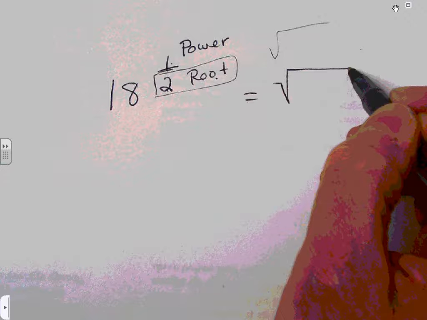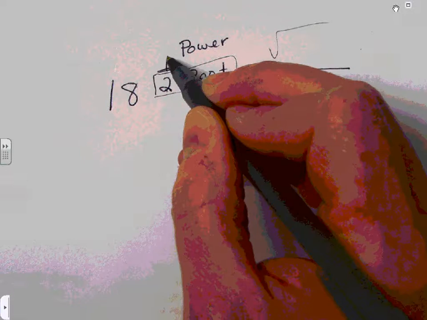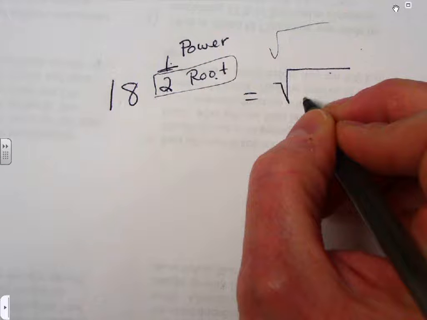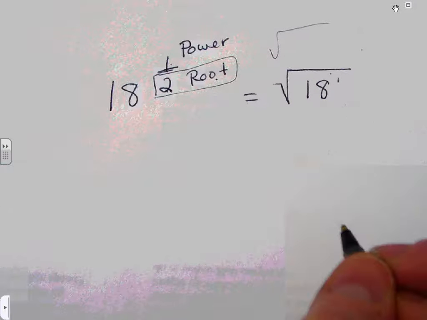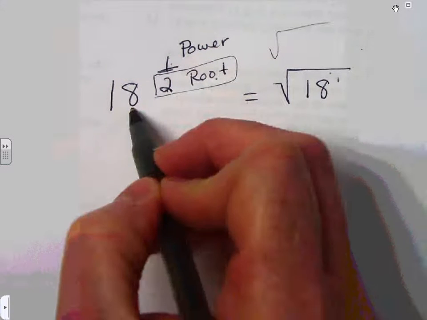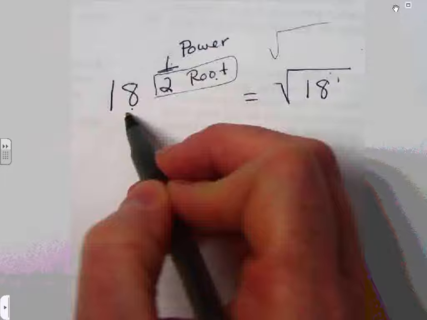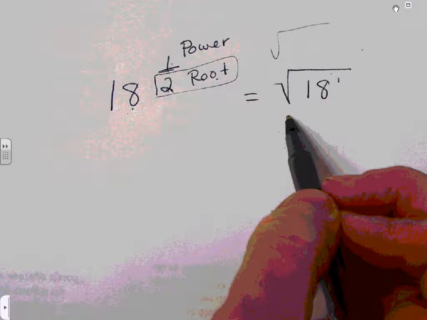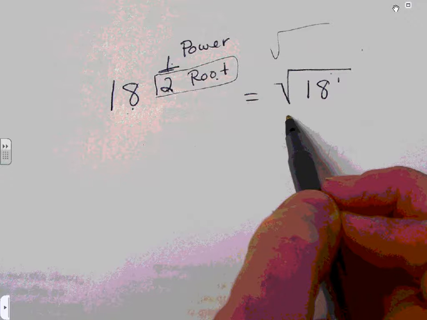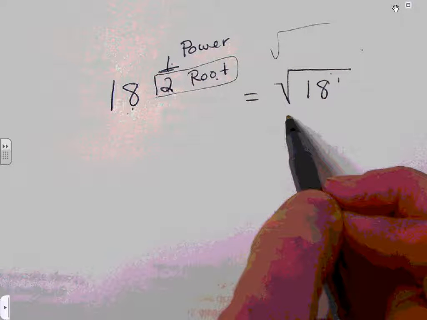And I want that answer only raised to the 1st power, so I would have an 18 all by itself under the square root symbol. So you can write a number that's been raised to a fraction as a square root problem, or a radical problem. And that's kind of what these are starting out at in the beginning of the notes today.